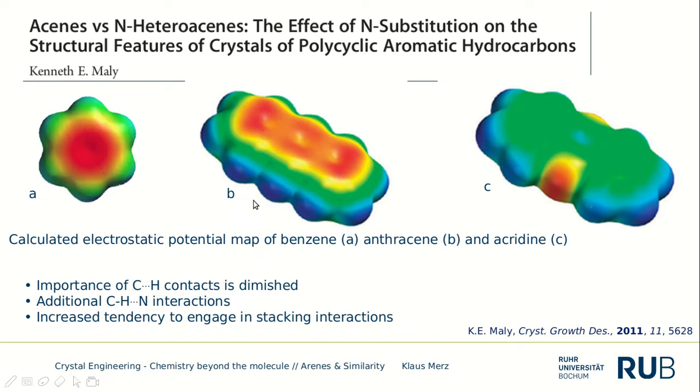If you now switch one carbon atom of this aromatic system to nitrogen, have a look here. This is the calculated electrostatic potential of acridine, and there's a great difference from these two compounds. In the case of acridine, the importance of the CH contacts, typical for close packing, is diminished. And now you see, additionally, CH-N interaction. And this leads to a new type of crystal packing.